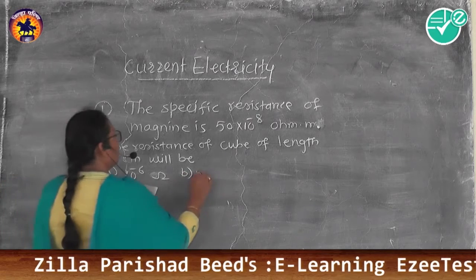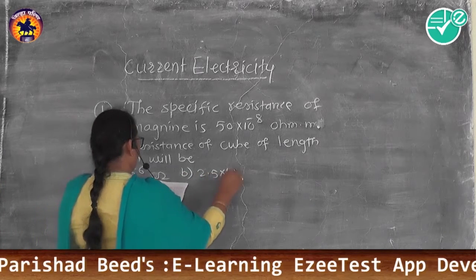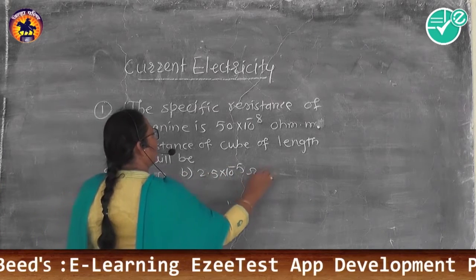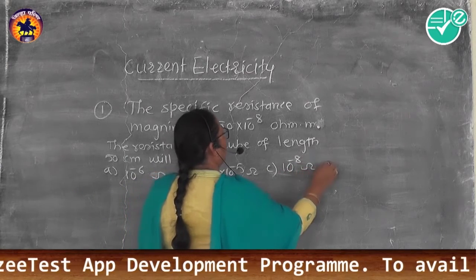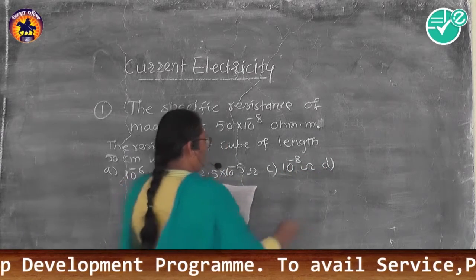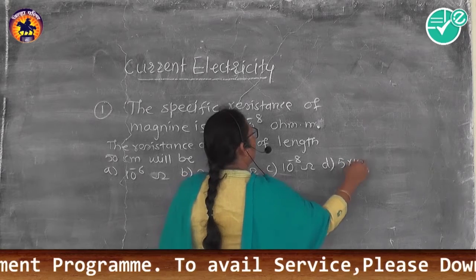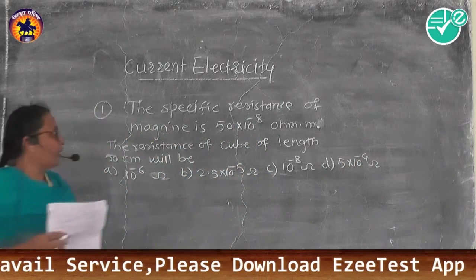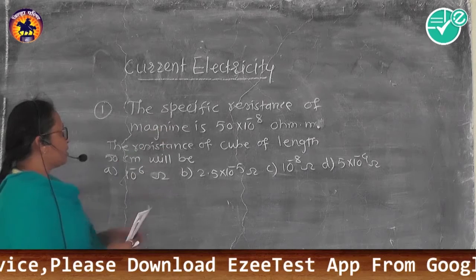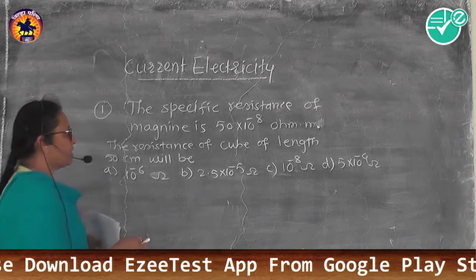Second option 2.5 into 10 to the power minus 5 ohm. Third option 10 to the power minus 8 ohm, and last one is 5 into 10 to the power minus 4 ohm.